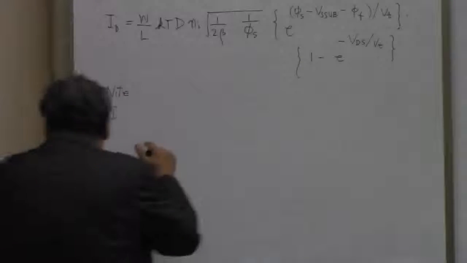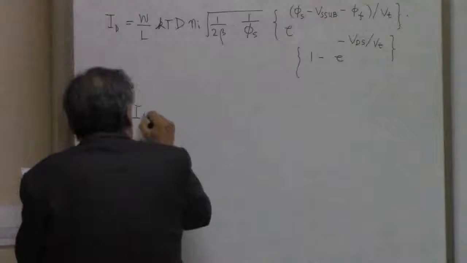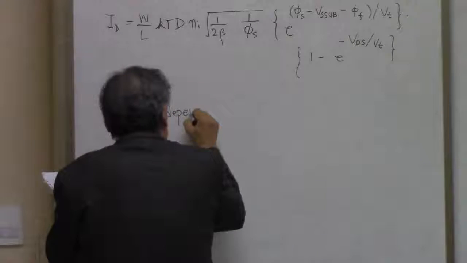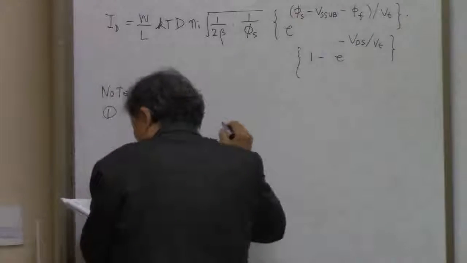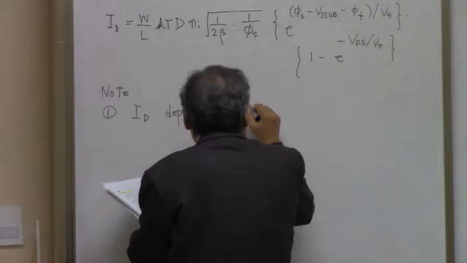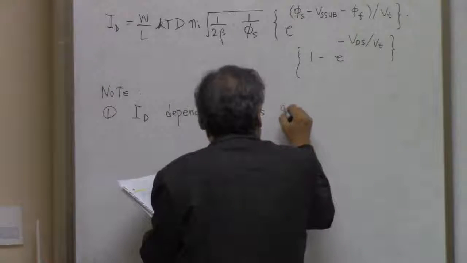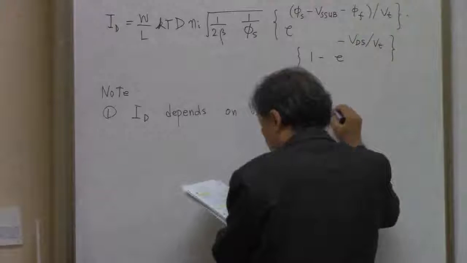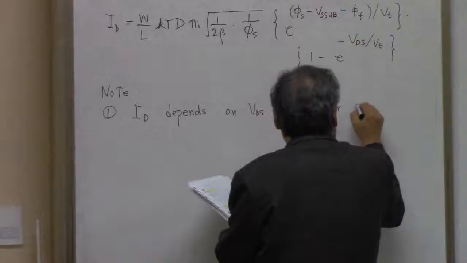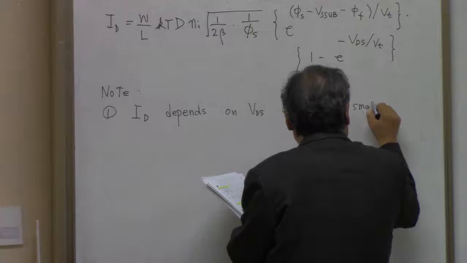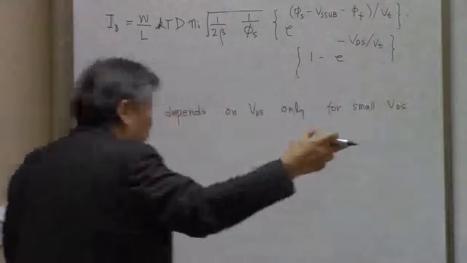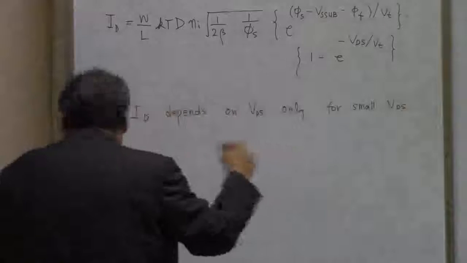In this equation, we can see that the sub-threshold current depends on VDS only for small VDS. VDS is the potential between source and drain, right?